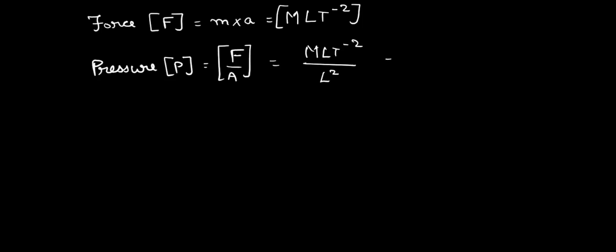When we cancel the L and L, we will be getting M T power minus 2 in the numerator and one L term in the denominator, which can be written as M L power minus 1 T power minus 2. Now this is the dimension for pressure.